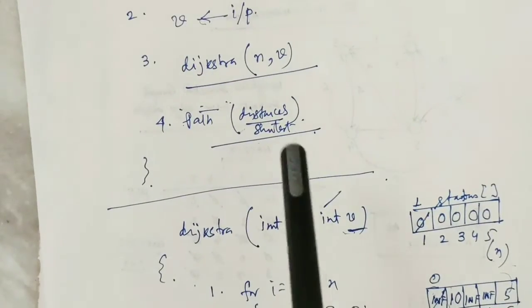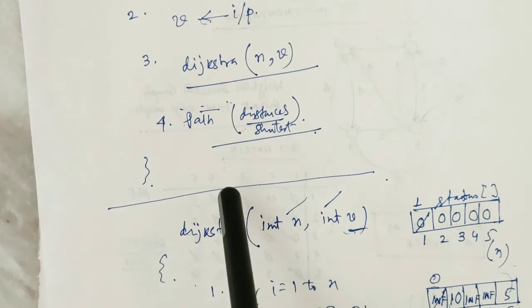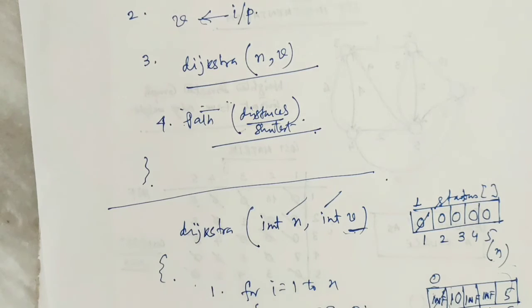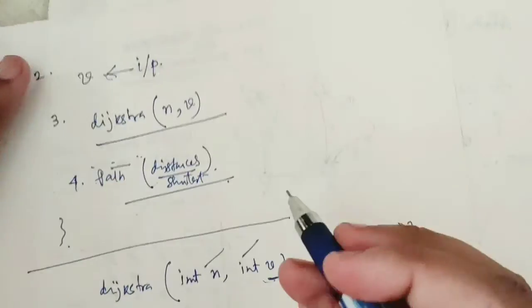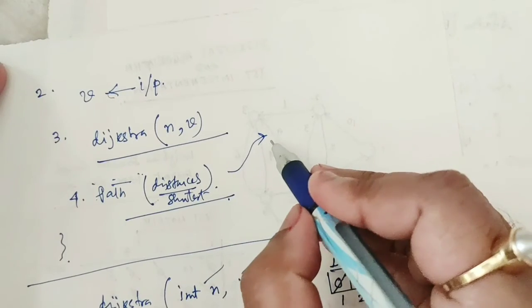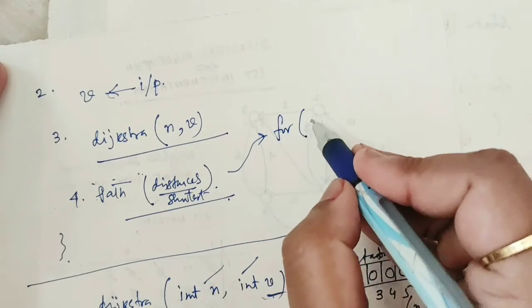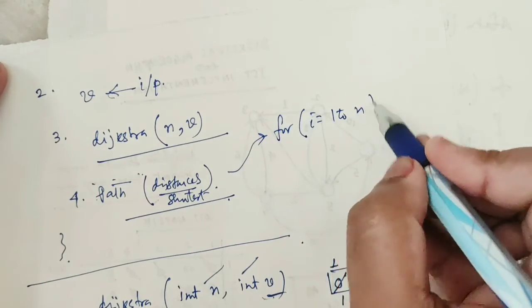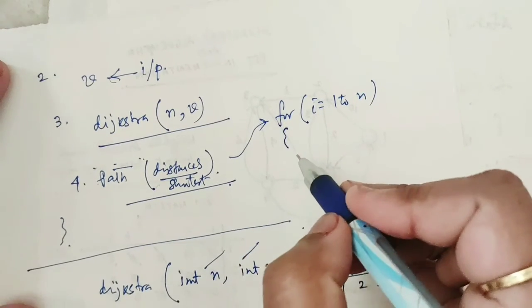The thing that I have mentioned here is to display the paths, that is, the shortest distance from 1 to the others. You can write a very simple for loop for displaying it. You may write a for loop like for i equals 1 to n, because you have a total of n vertices.